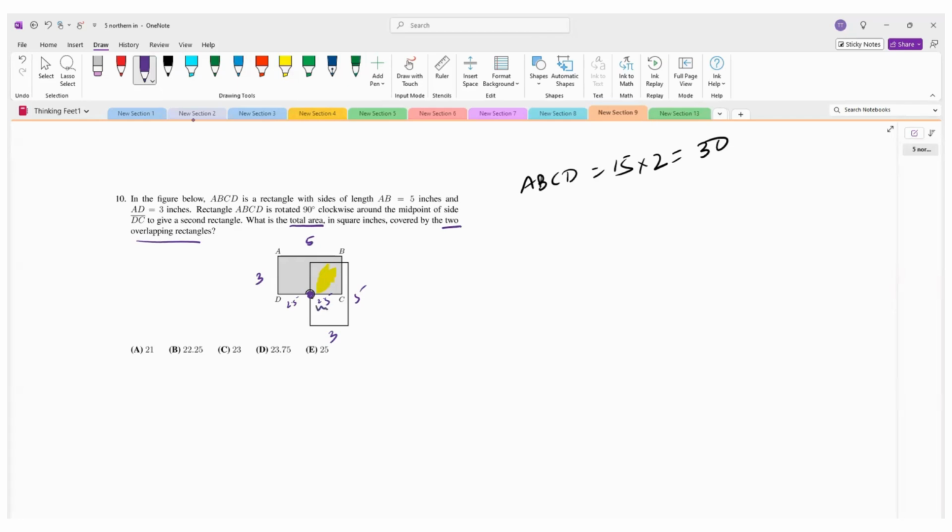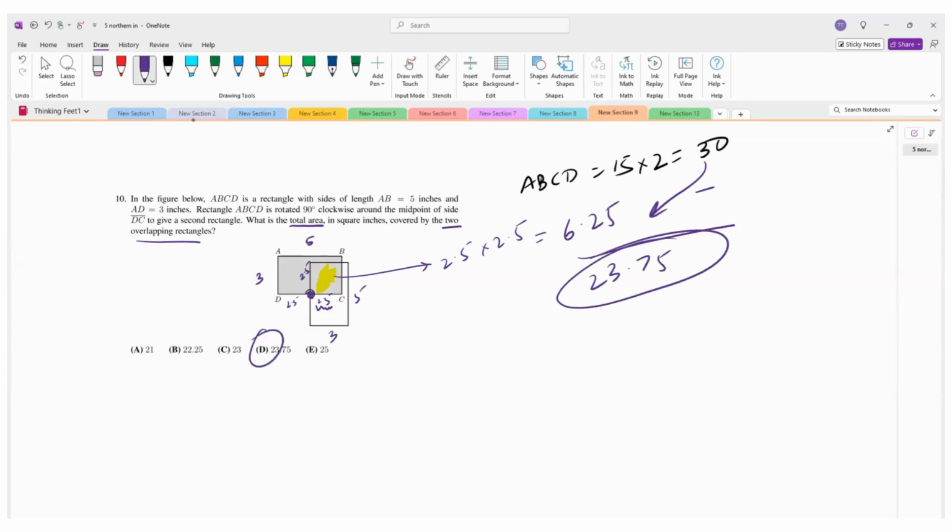So I got this length as 2.5, and because it's the midpoint, this is also 2.5, right? So the area of this yellow portion becomes 2.5 times 2.5. We recall that 25 times 25 is 625. So this is going to be 6.25. So you subtract that from there, and you get 23.75, right? D is the answer. So again, fairly straightforward question.